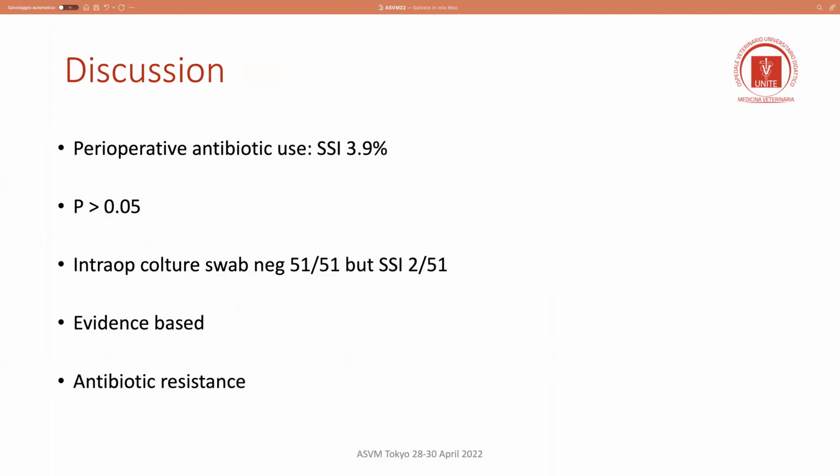In the present study, the surgical site infection rate associated with perioperative antibiotic use was 3.9%, and the statistical comparison between the perioperative group and the control group gave a p-value higher than 0.05. So it means that perioperative antibiotic use may be sufficient to control the infection rate during TPLO surgery.